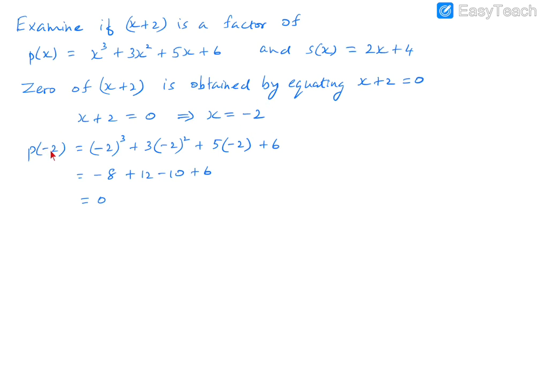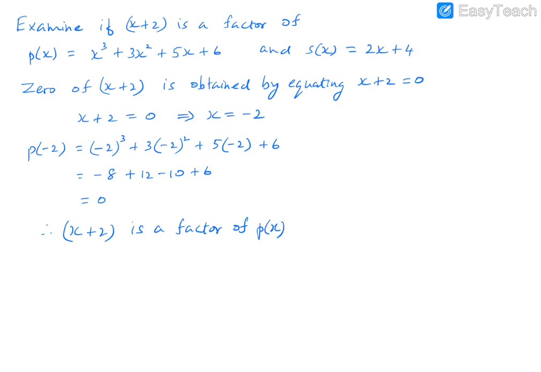When you substitute minus 2 in the polynomial, we get 0. That means the remainder is 0. If the remainder is 0, that means x plus 2 divides the polynomial perfectly without any remainder. That means x plus 2 is a factor of p of x. Therefore, we can say that x plus 2 is a factor of p of x.